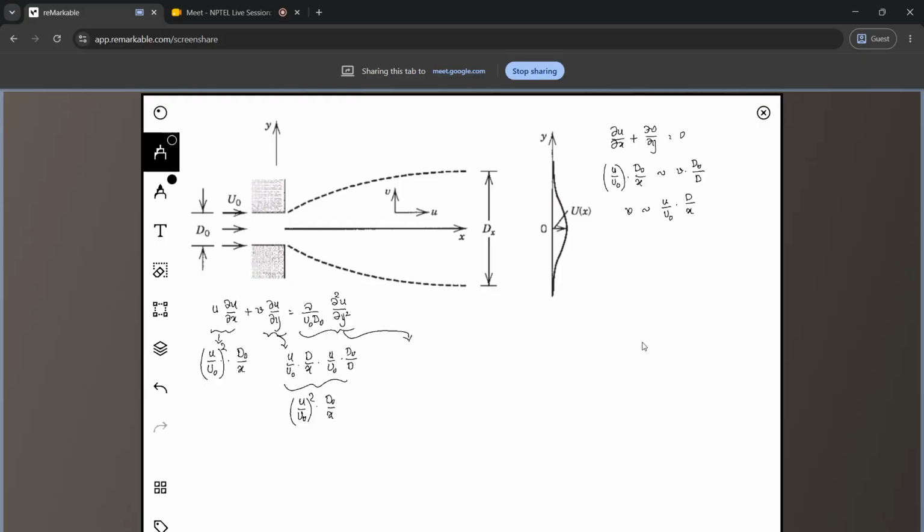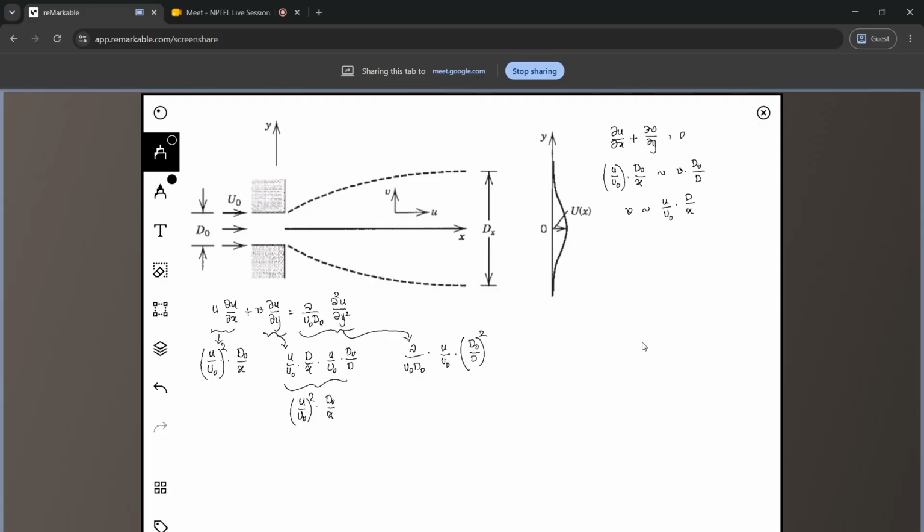How will this scale? We have nu by u naught d naught, and then we have del square u del y square. U will scale as u by u naught, and y scales as d by d naught. So this will be d naught by d whole square. Now we know that all of these terms are important, so all of them have to be of the same order of magnitude.